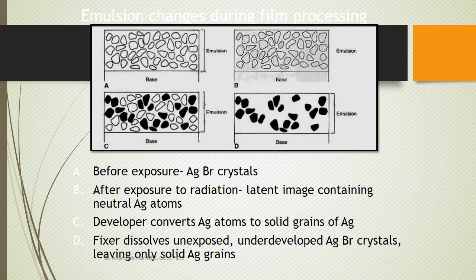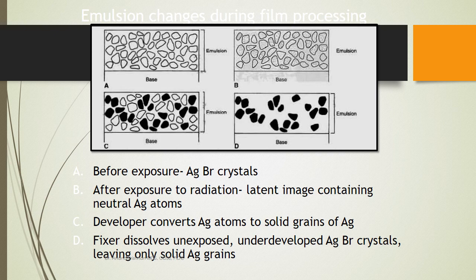Now C is developing. When you develop, the exposed silver halide crystals convert to silver grains, solid grains of silver. You can see here and there grains of silver halide which are turned black, which is indicative of having turned into solid grains of silver.